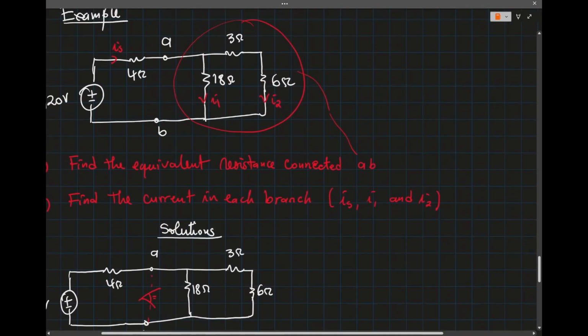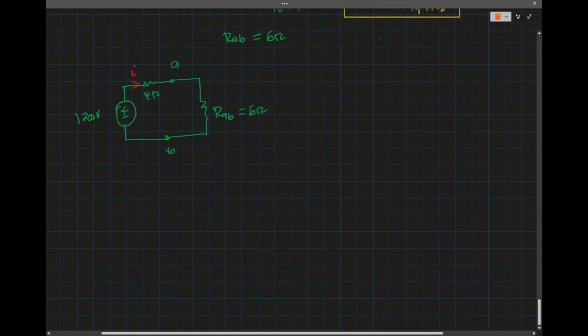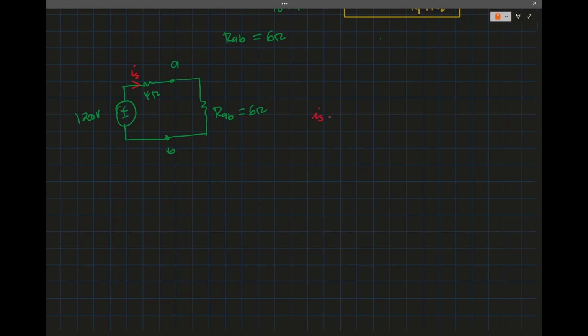We called it IS. So IS is the same through the 4 ohms and the 6 ohms.